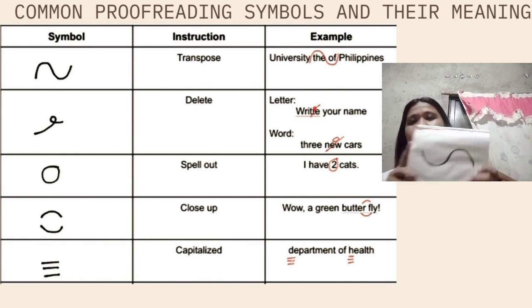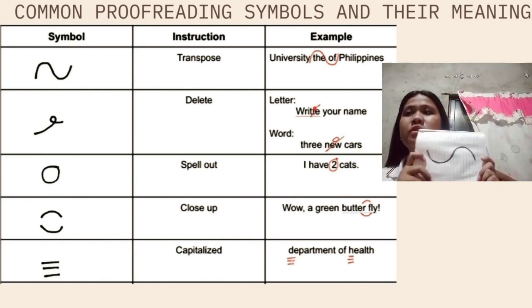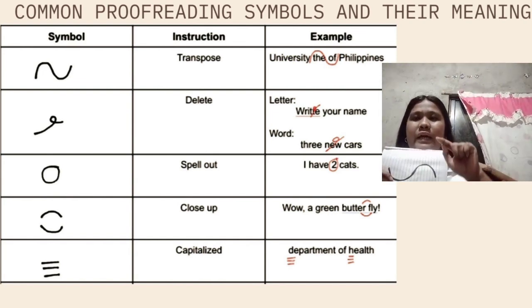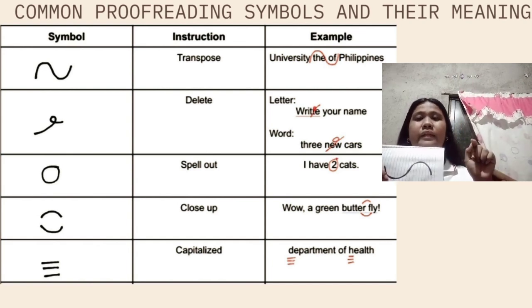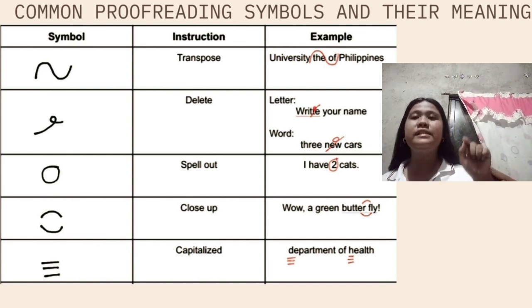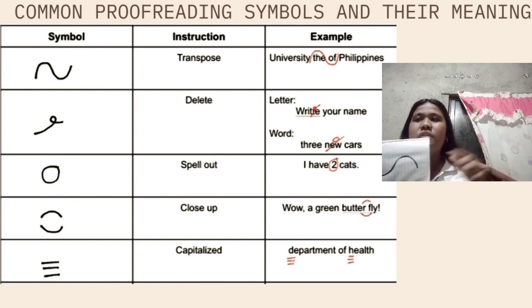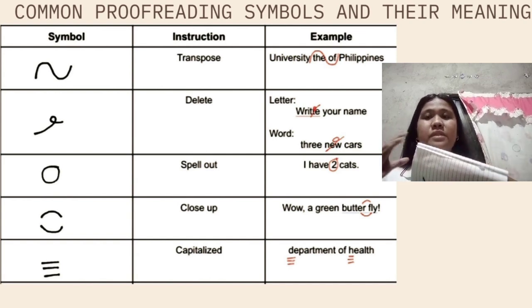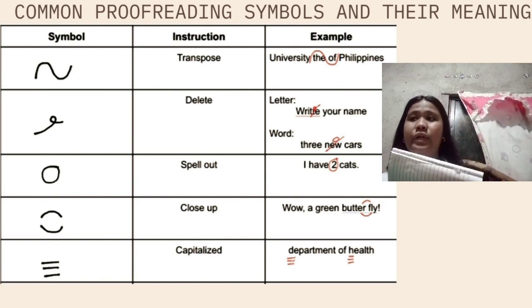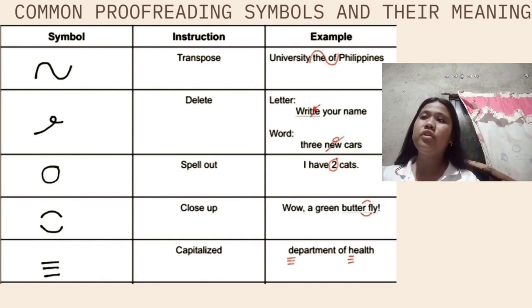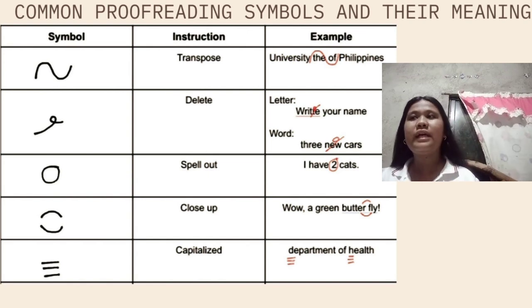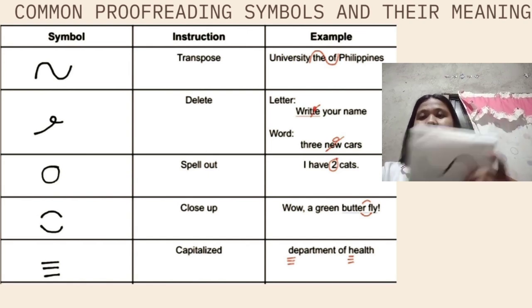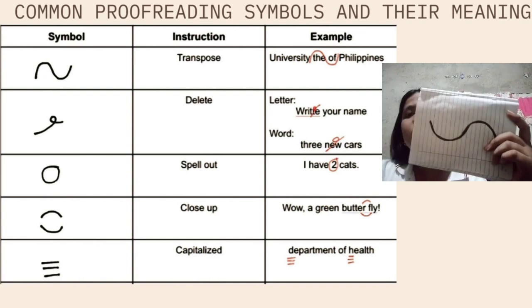If you put this symbol, the word "da" is inside the first curve, and then the word "of" is inside the next curve. It's like you're saying that the word "of" should come first before the word "the." So it should be "University of the Philippines." That's how the transpose symbol works.